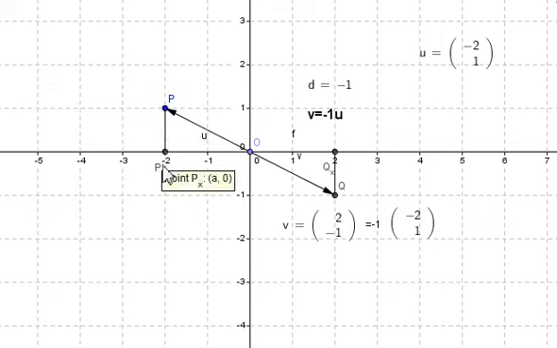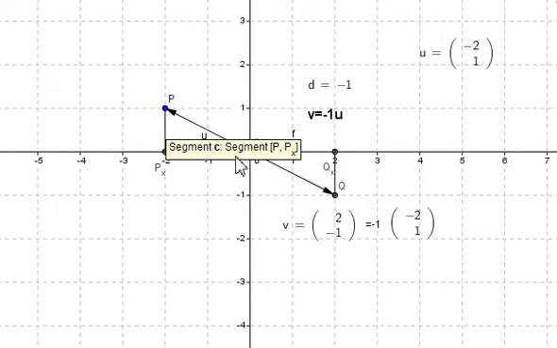OQQX is similar to OPPX, because the angles at the vertex O are the same, and they are both right angle triangles.